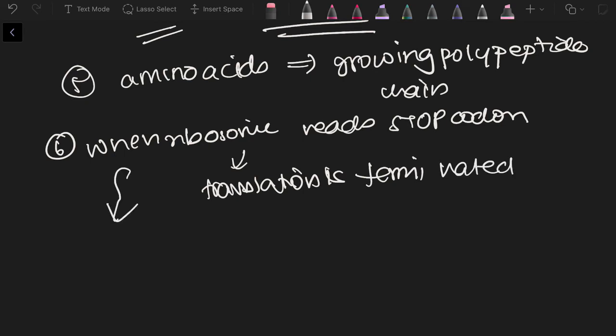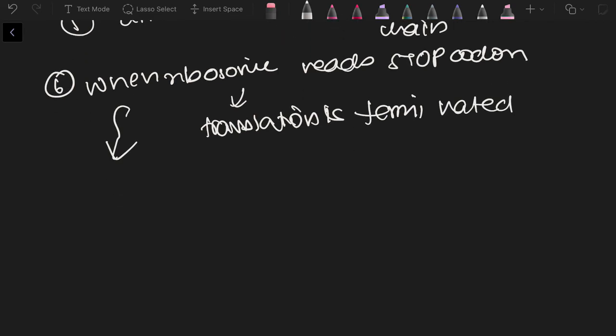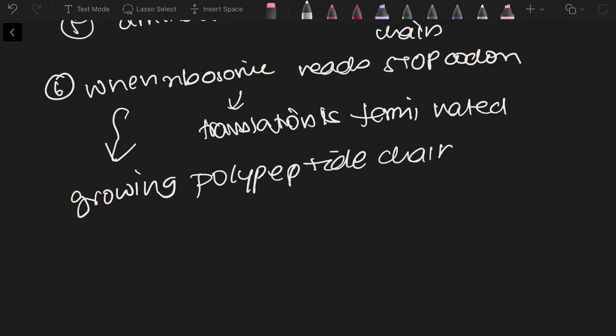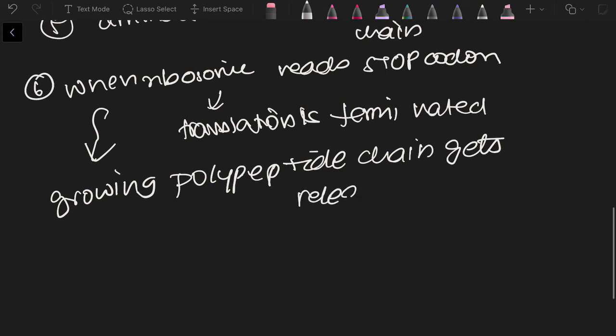It is terminated because your growing polypeptide chain gets released. All right, so that is basically your entire process of translation.